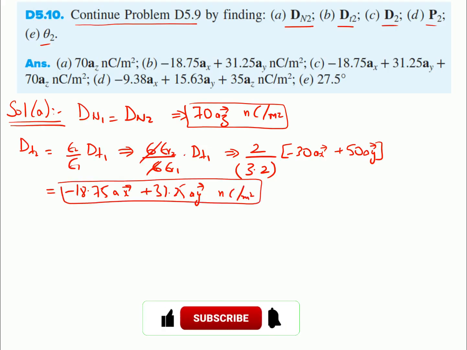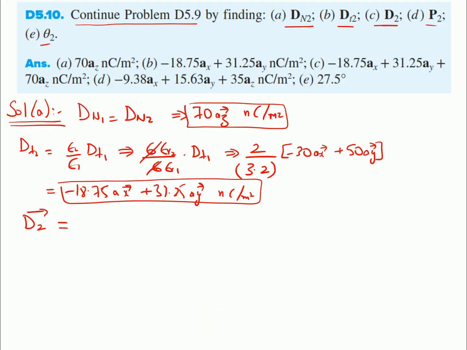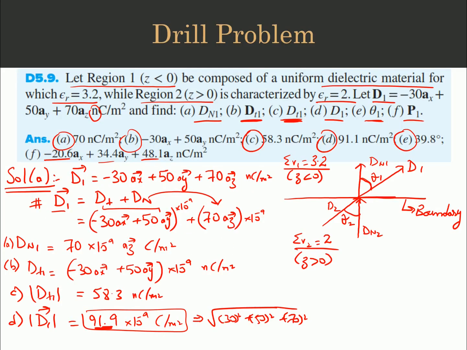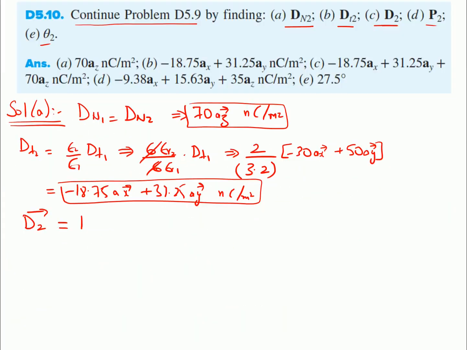In the third part, we need to find the value of D2. D2 is the original value of the D2 vector, which was this angle over here. We can break it down into its tangential and normal components, D2 tangential plus D2 normal.